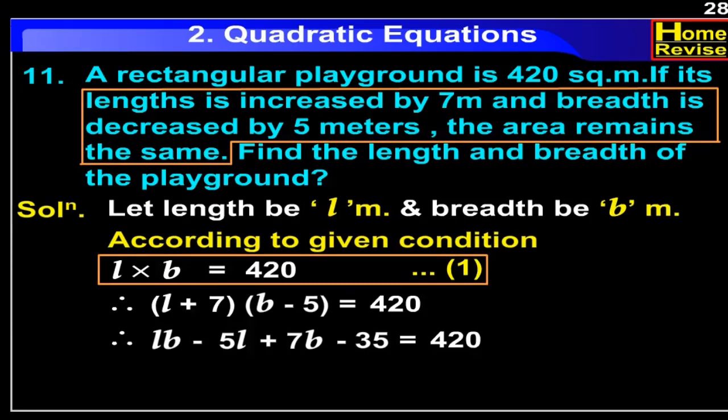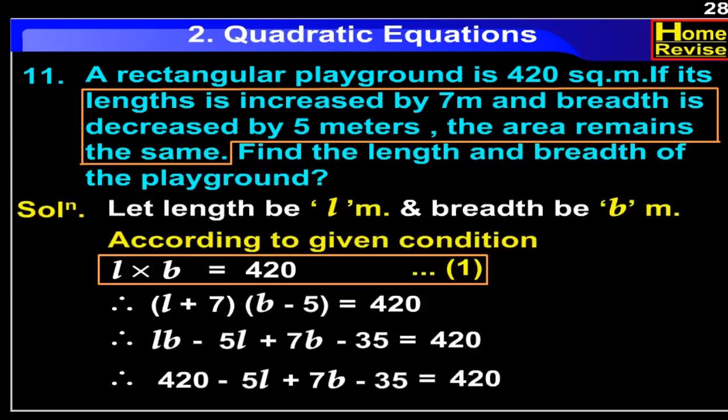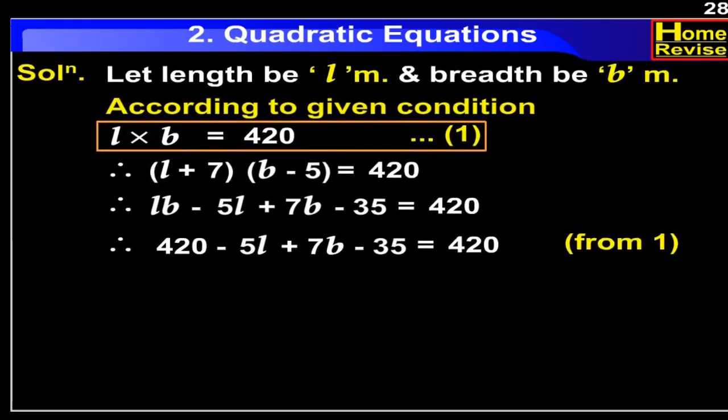Putting this value, we get 420 minus 5L plus 7B minus 35 is equal to 420. 420 gets cancelled out on either side, and we have minus 5L plus 7B is equal to 35.